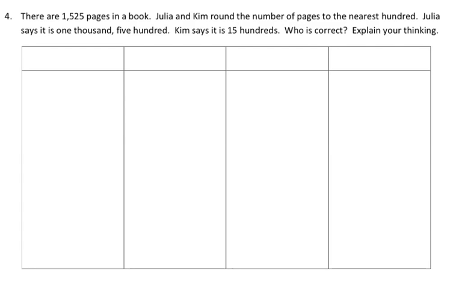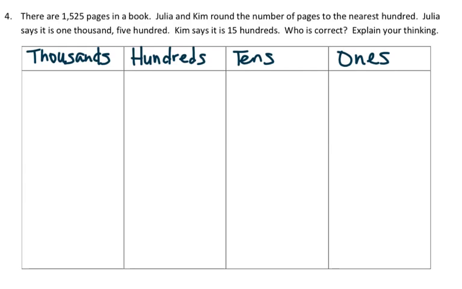So I'm going to use my place value chart for this one here. So let me just go ahead and label it. This is thousands, and we have hundreds. Okay, I have thousands, hundreds, tens, and ones. Now, if I just do the vertical number line, let me do that on the next page.